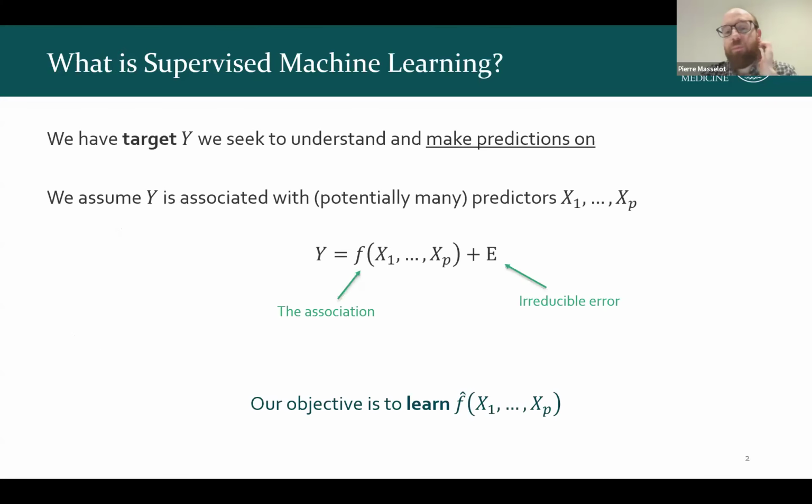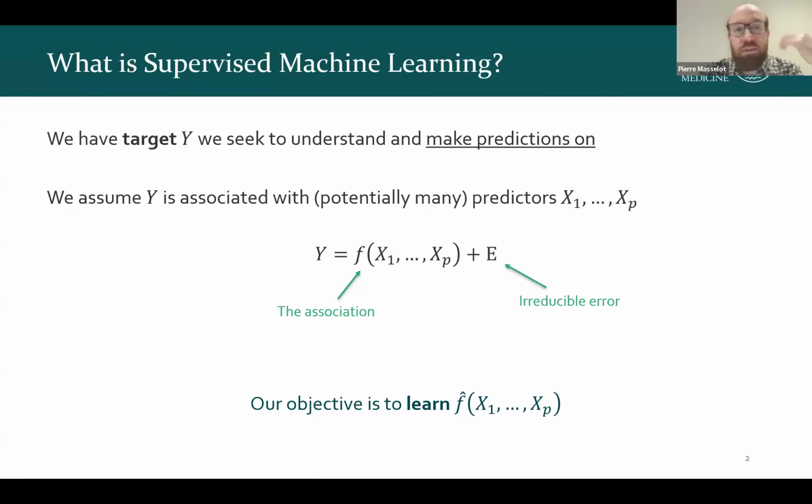So, but first, before going into the core of this topic, just a very quick recap of what we call supervised machine learning. Our objective when we do this task is that we have a target, that I call Y here, that we seek to understand and especially make predictions on.